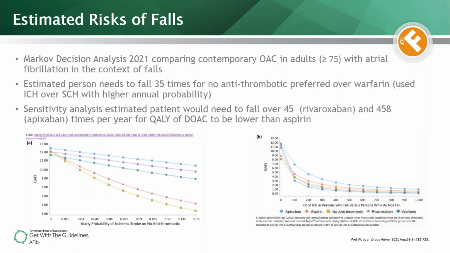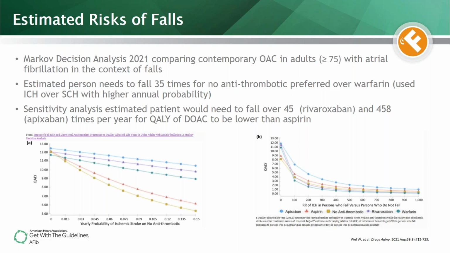So, more contemporary data: a Markov decision analysis in 2012 looked at contemporary oral anticoagulation use in adults greater than 75 with atrial fibrillation in the context of falls. It estimated that persons needed to fall 35 times for no antithrombotic to be preferred over warfarin.